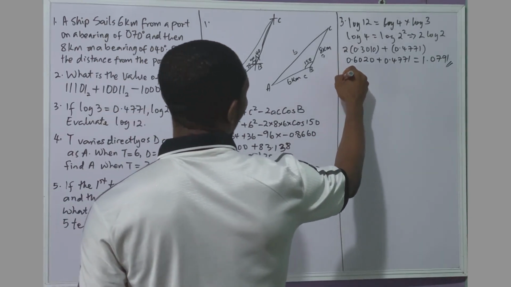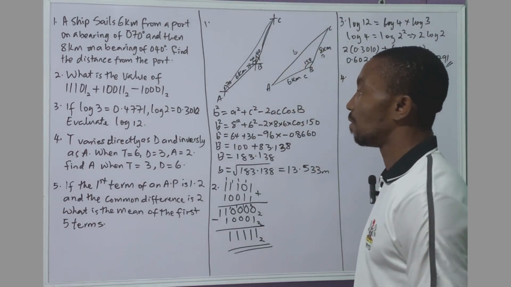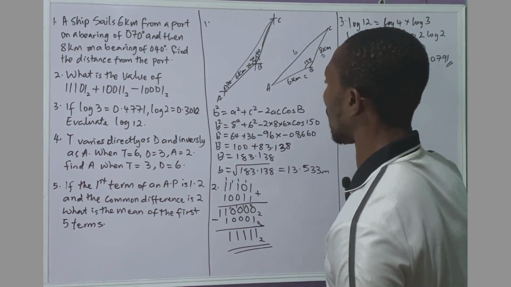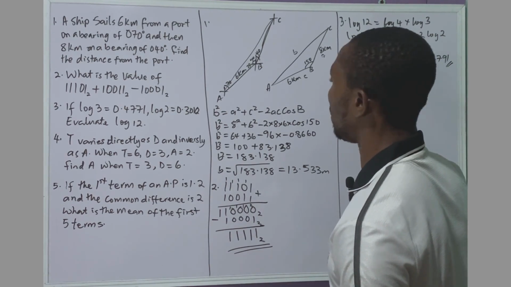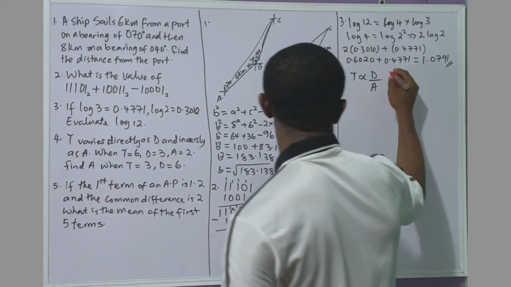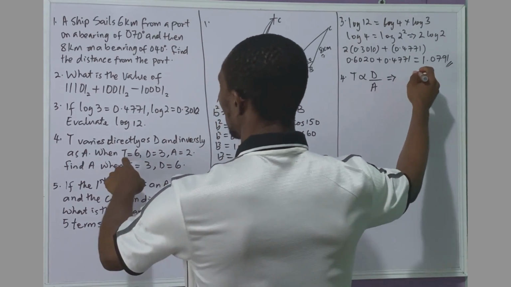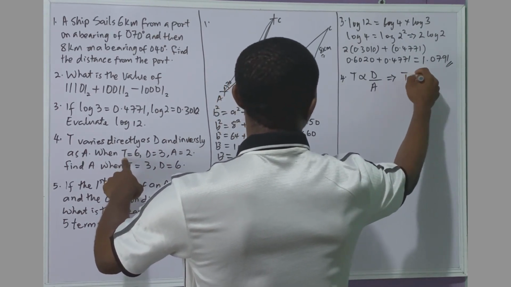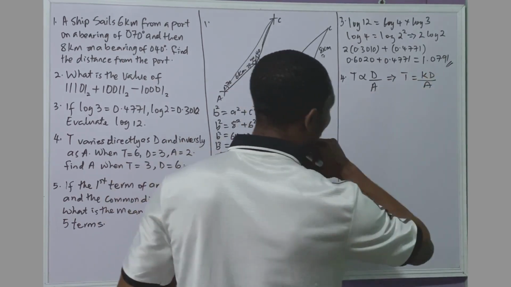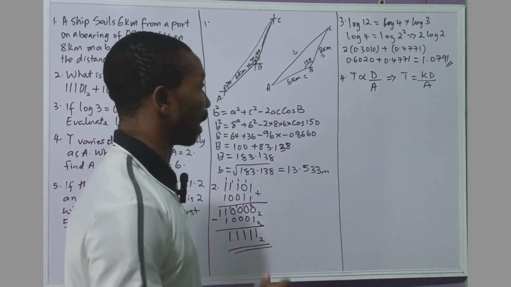Okay, for question 4, it says t varies directly as d and inversely as a. So from here, t equals kd over a, where k is a constant of proportionality.